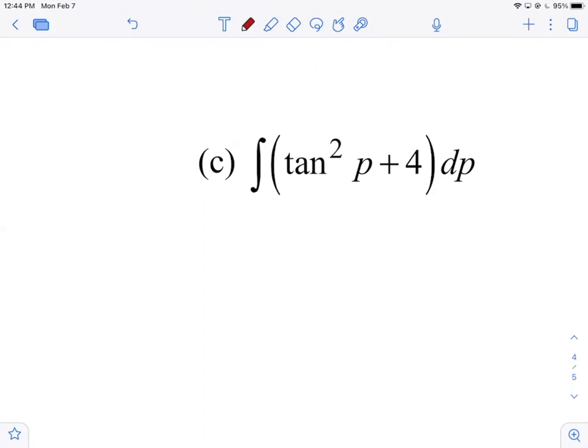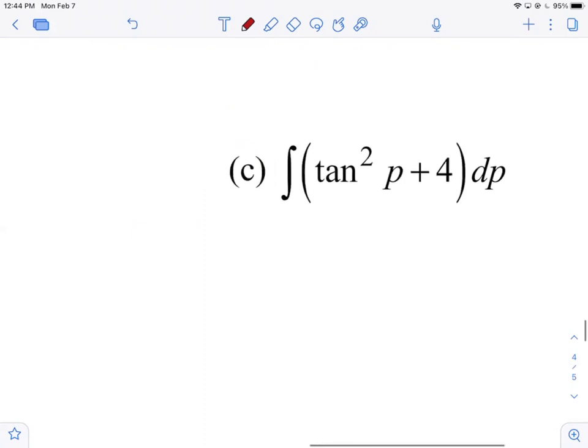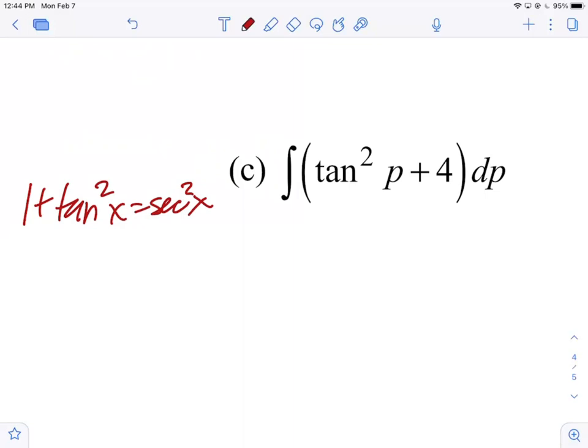We do. Baby PID number 1, which y'all know from the memorization test, is this. So whenever you see tangent squared or cotangent squared, probably will not happen on the AP exam, but it can. This is still within the ballpark of where they play. You're going to use a trig substitution. And tangent squared, then, if you solve it for tangent of x, is secant squared of x minus 1.